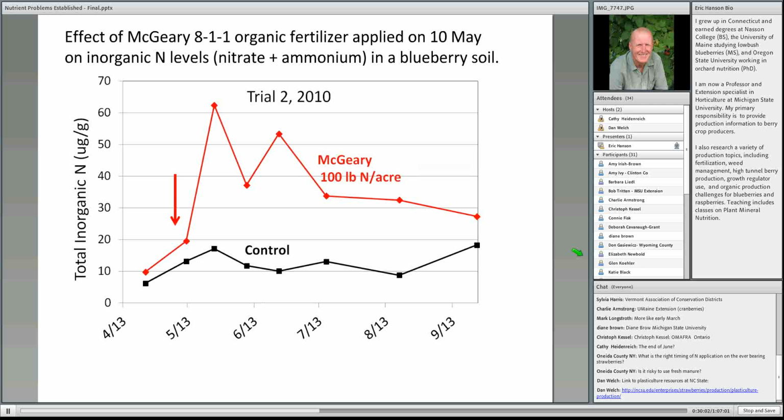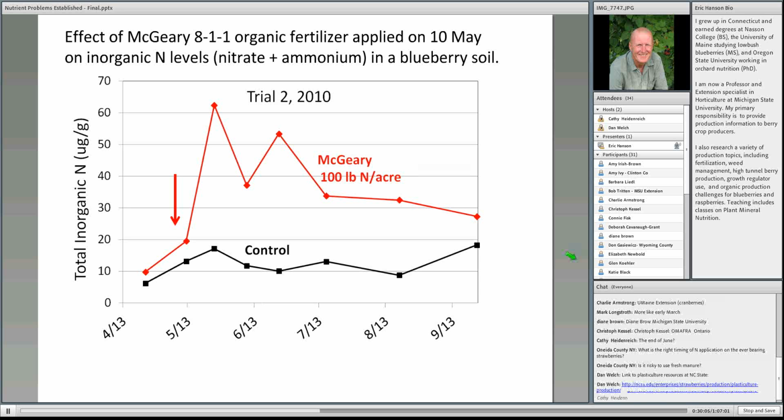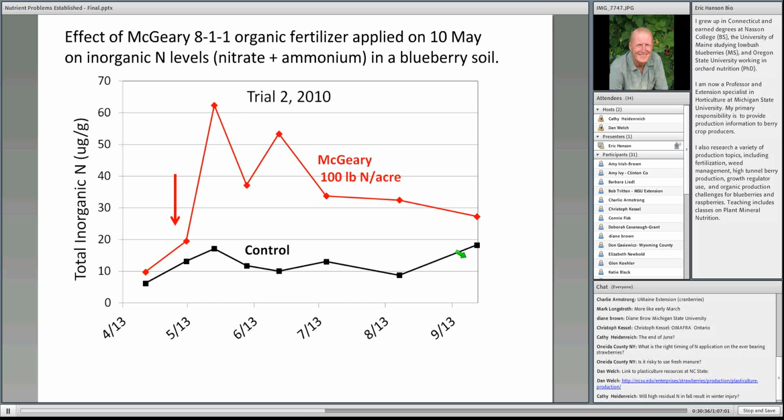And here are some other similar data from a different blueberry field. Here we used just one rate of this particular nitrogen fertilizer, and it was applied at this point in time, and you can see that immediately there was an increase in available nitrogen from the fertilizer. Levels declined, but again, even towards the end of September, levels in the soil were elevated over plots receiving no fertilizer at all.